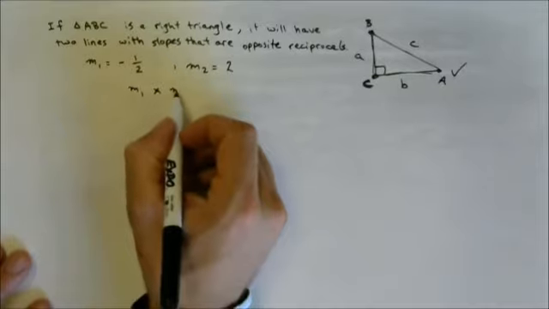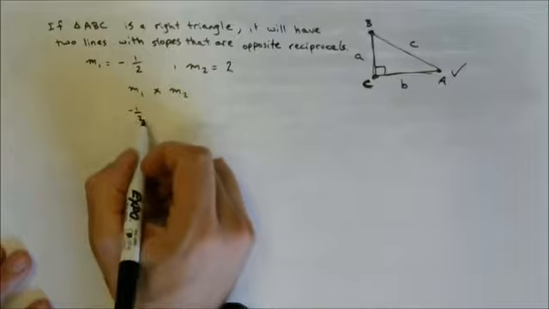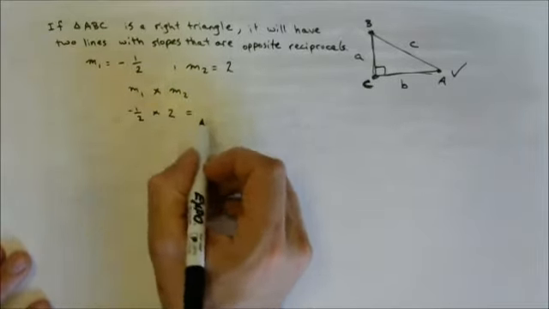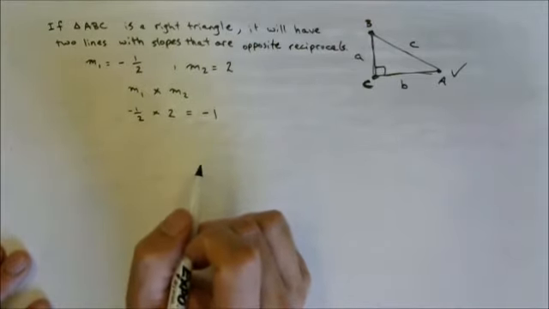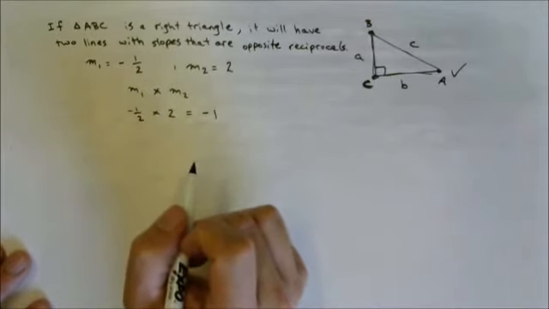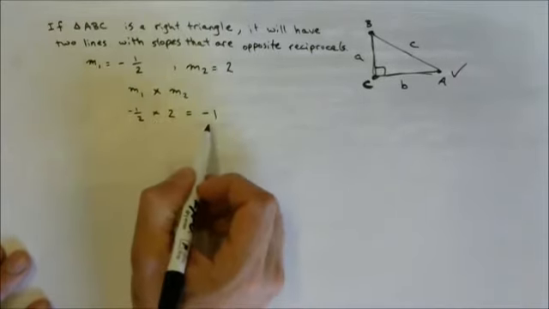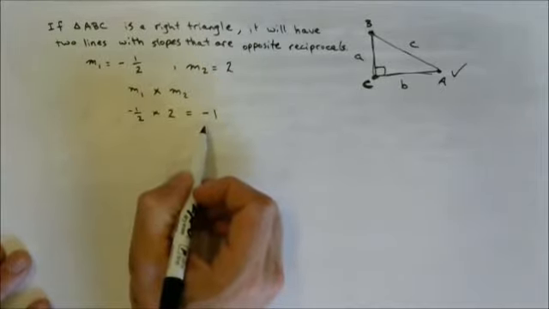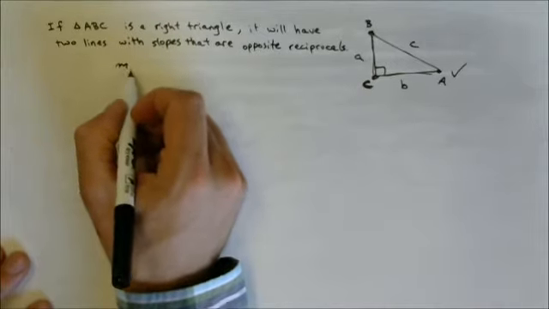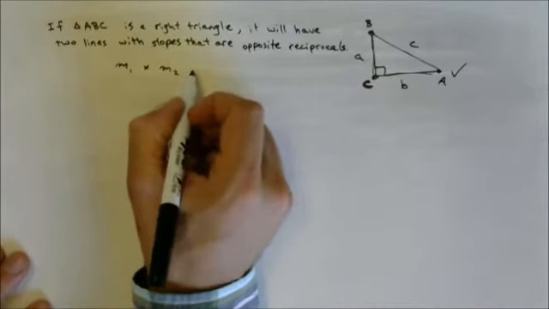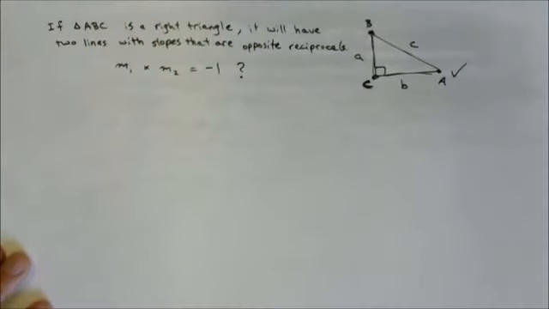M1 times M2 would be negative 1/2 times 2, so you'd have negative 1. Opposite reciprocals are values that, when you multiply them together, the product is negative 1. That's what we're testing. We're trying to find out if, when we take M1 times M2 for any of the slopes, we get negative 1.